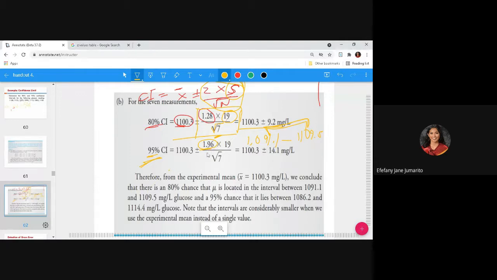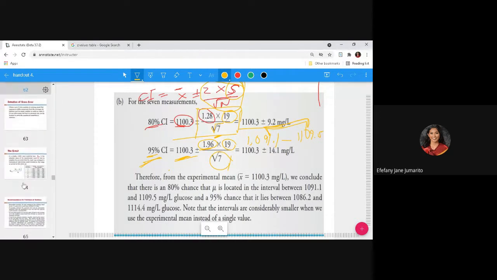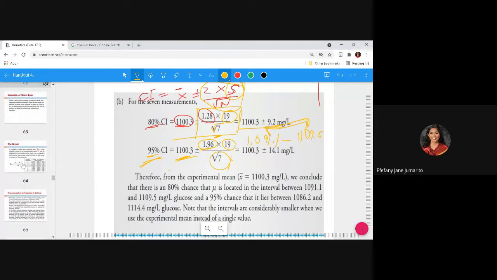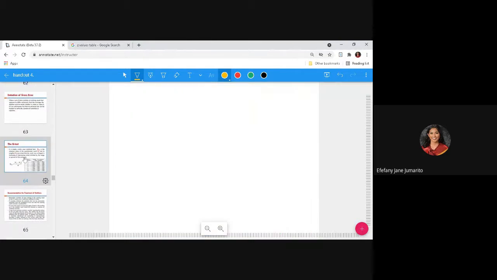Then what you are going to do is just find the value of X bar, the mean, and then your standard deviation over the square root of n, the number of samples. Okay, so that's all for your confidence interval.